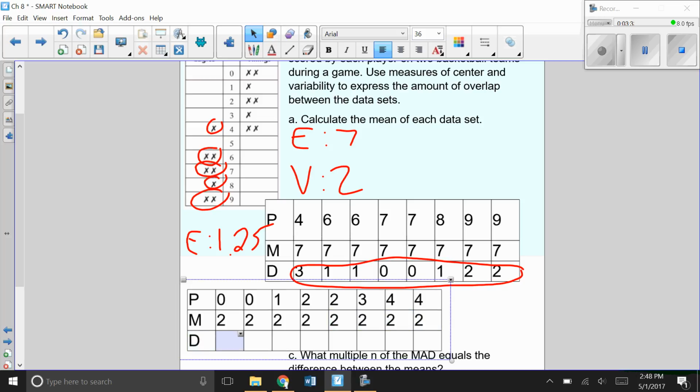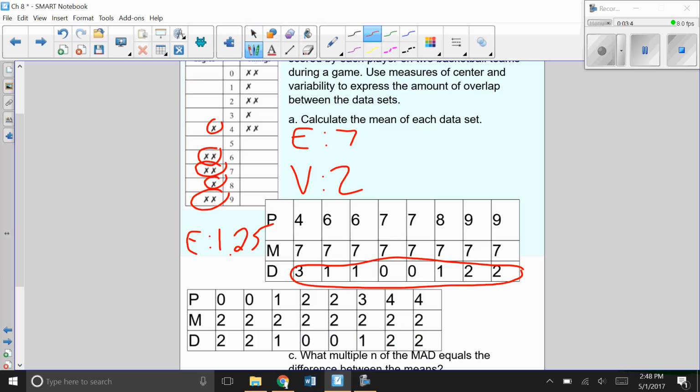And our differences: 2, 2, 1, 0, 0, 1, 2, 2. Now to find our MAD for the Vikings, we add up 2 plus 2 plus 1 plus 0 plus 0 plus 1 plus 2 plus 2. Divide by 8 because that's how many there are. And our MAD is 1.25 again.